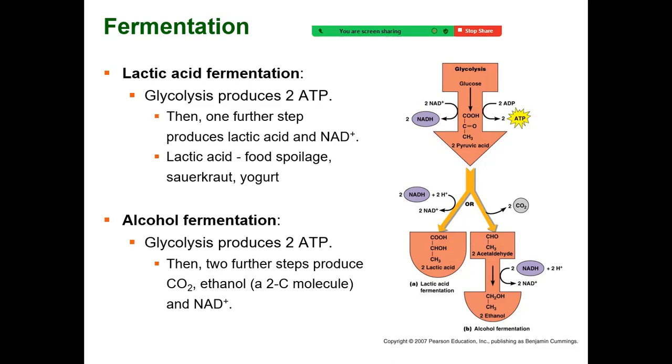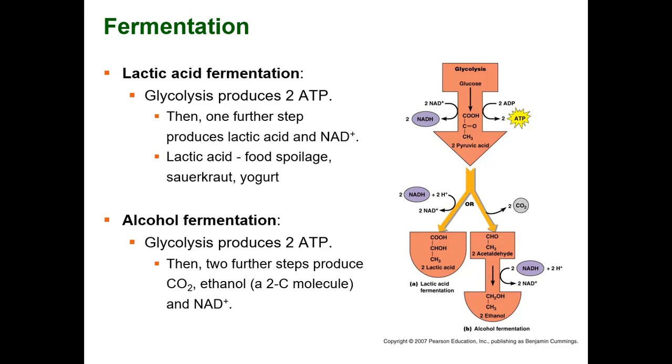Any question about any of that? Anyway, that's lactic acid fermentation shown on the left. We use lactic acid fermentation to make most of our cheeses, like cheddar cheese, but not all cheeses. We use lactic acid fermentation to make a lot of our fermented food, like sauerkraut.